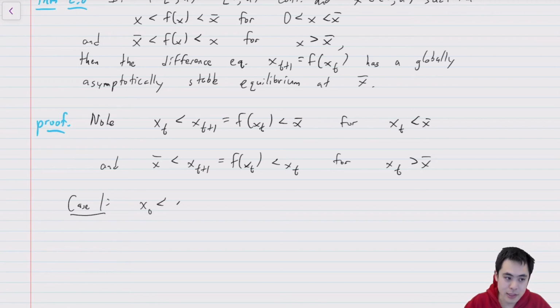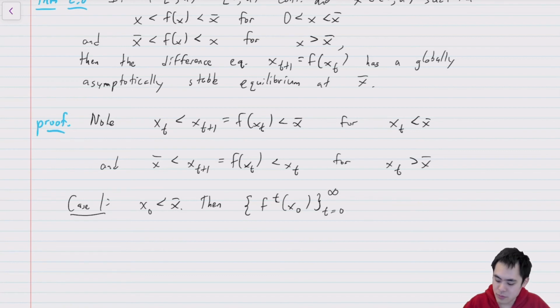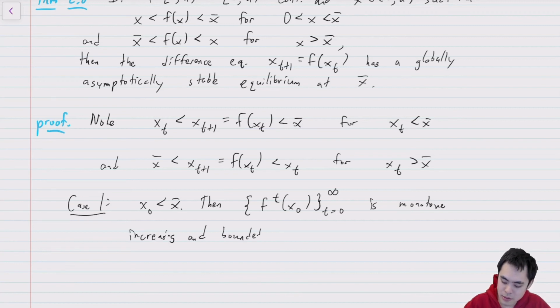Case 1: x naught is less than x bar. So our initial value is smaller than x bar. Then we know that the sequence f to the t of x naught, as t goes to infinity, is monotone increasing and bounded above by x bar.